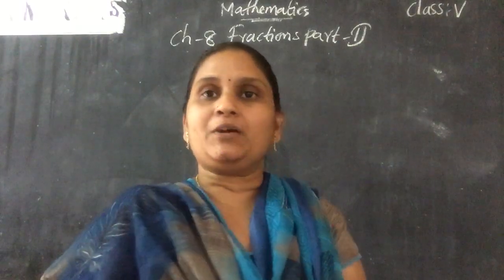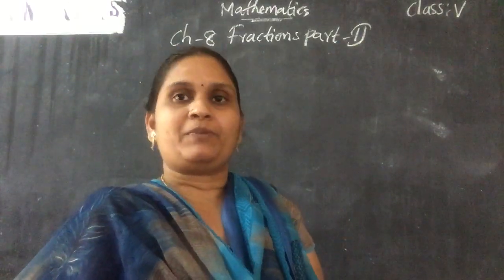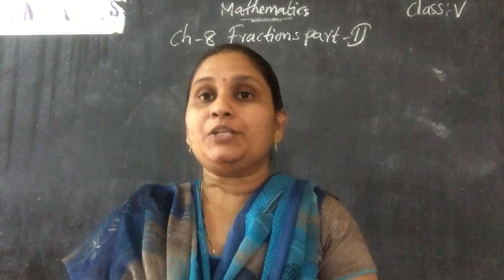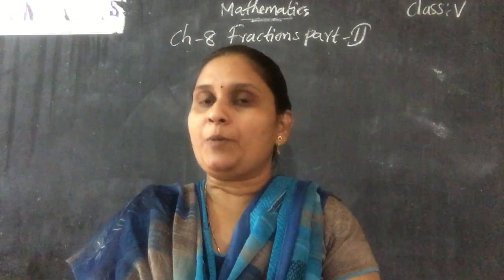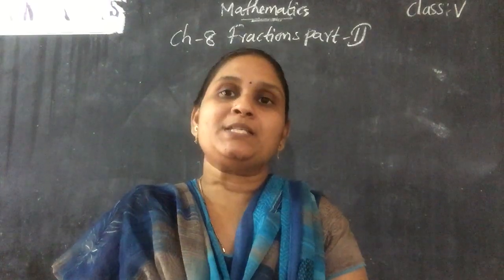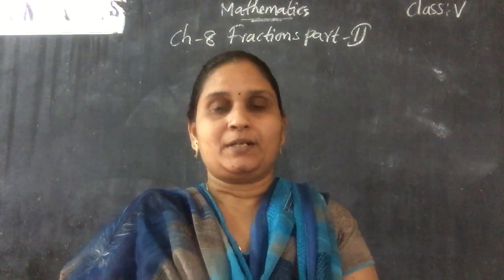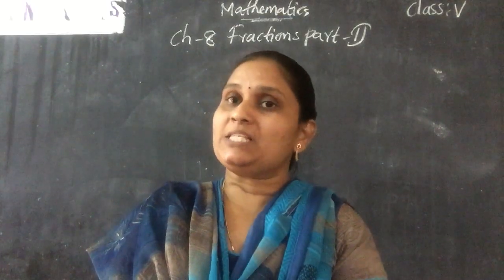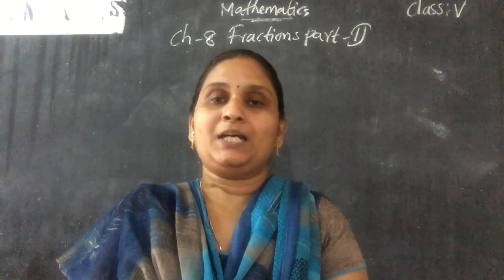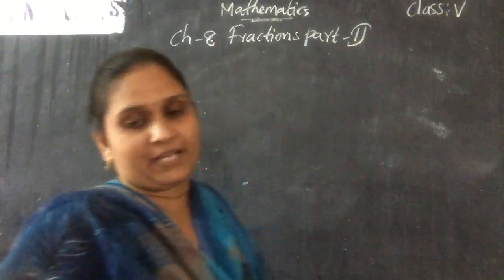So what is the meaning of proper fraction, children? For proper fractions, the numerator is less than the denominator, and for improper fractions, the numerator is more than the denominator. And the fraction which is a combination of a whole number and a fraction comes under mixed fractions.